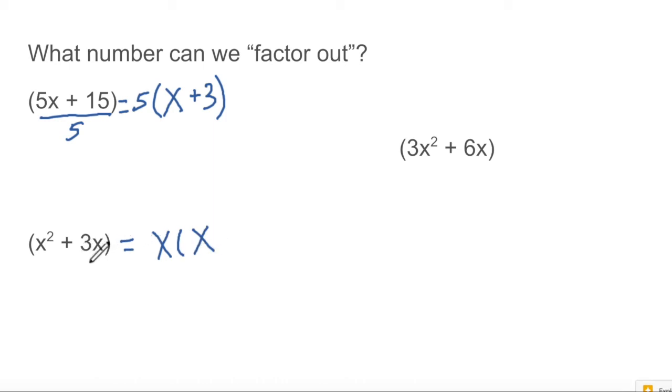And then if we divide an x out of 3x, we get plus 3. We took away the x. So just to test that, if we distribute this x across those two terms, x times x is x squared, and x times 3 is 3x. So in the factored form, it looks like this, x times x plus 3.